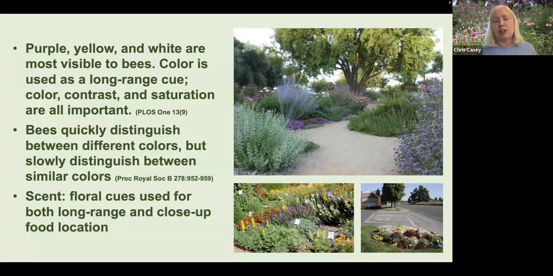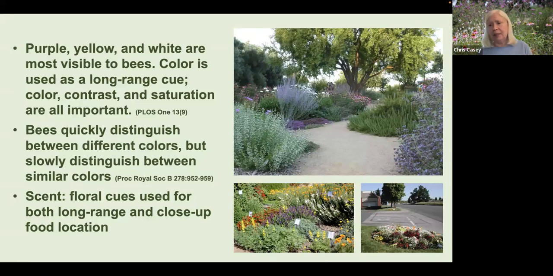And then saturation in terms of the hue of the color is important as well. And kind of building on that, bees distinguish quickly between different colors, but more slowly between similar colors. So again, this suggests that planting in blocks of different colors might help to make a garden more visible to bees. And then, of course, scent is used both for long-range plant finding as well as close-up food location.